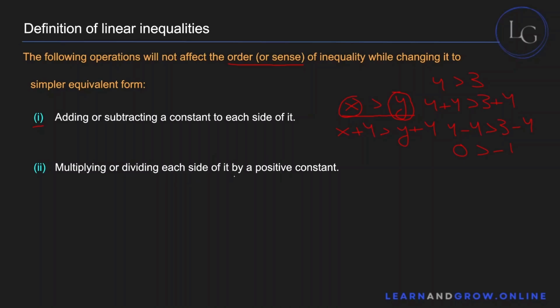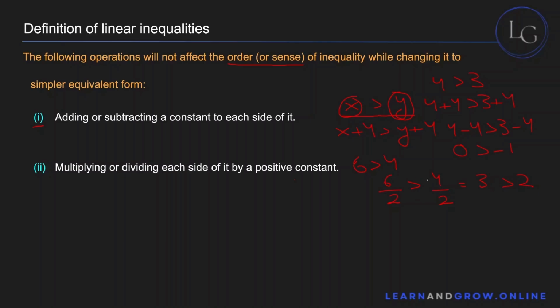Multiplying or dividing each side by a positive constant. Remember. So, for example, let's just say again we had 6 is greater than 4. Now let's just divide both of these sides by plus 2. So 6 divided by 2 is greater than 4 divided by 2, which is very true because that means that 3 is greater than 2.